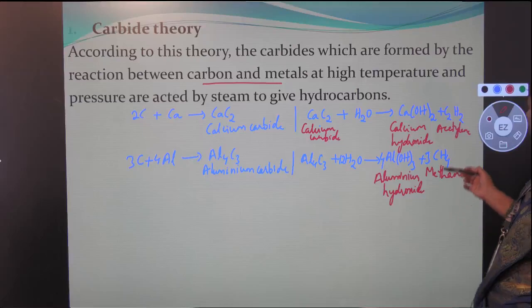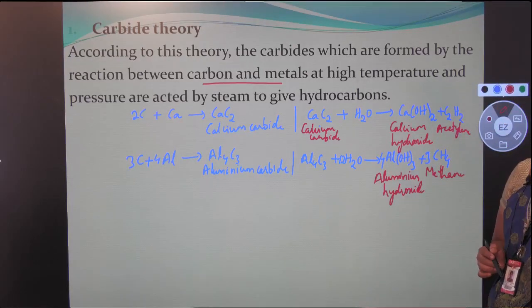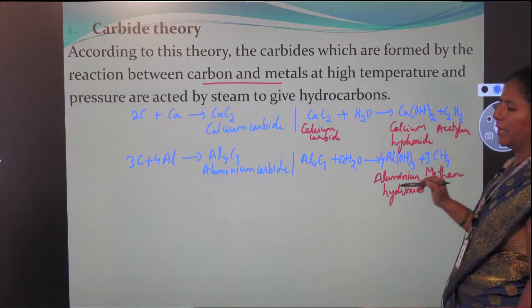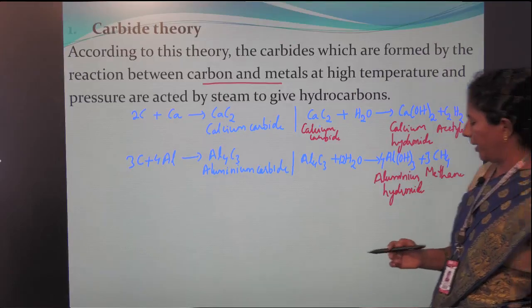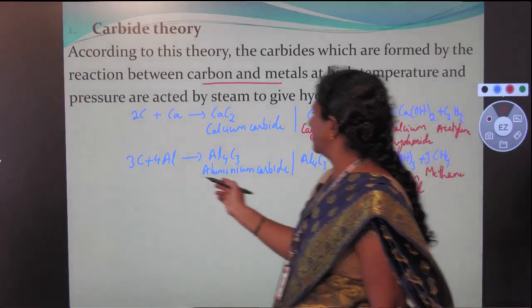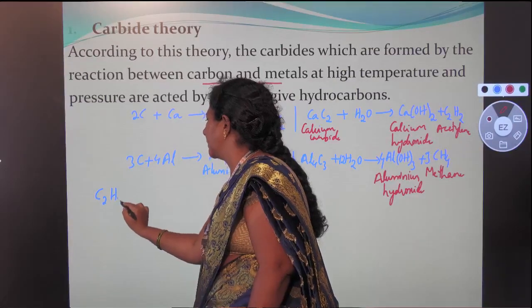So here we are getting saturated hydrocarbons and unsaturated hydrocarbons. The unsaturated hydrocarbons will again react with hydrogen, forming saturated hydrocarbons. So here what is unsaturated hydrocarbon we got? Acetylene.